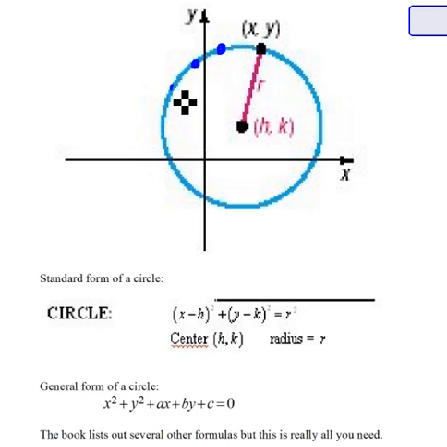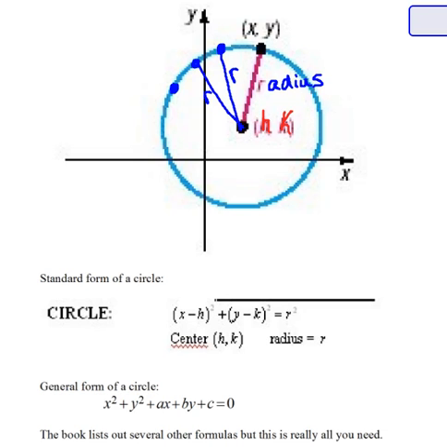And any one of these, if we were to look at the distance from this point to the very center, all of these would be the exact same distance. We call that distance r for the radius. And we call the center HK. So if this is not showing up very well, you can see that that is H and K.